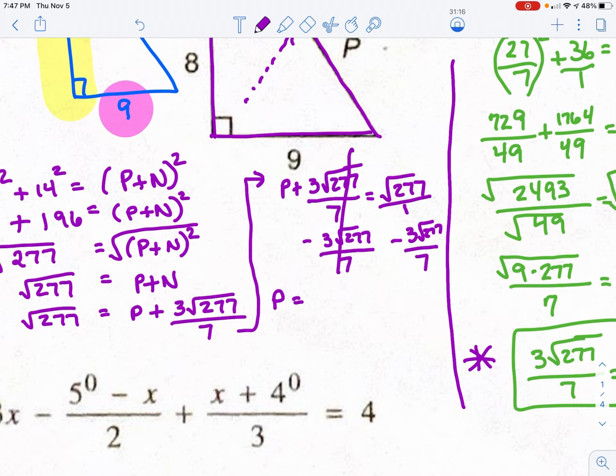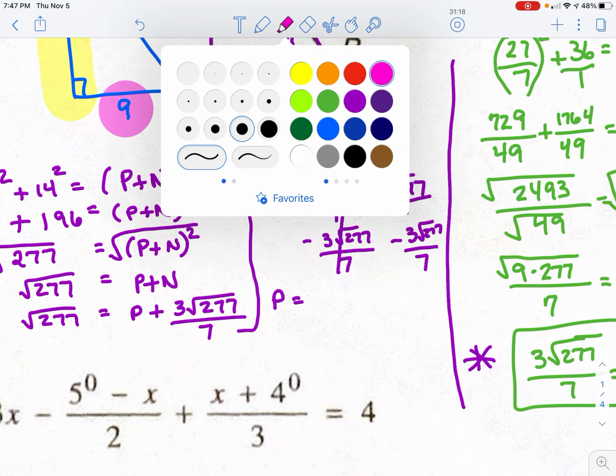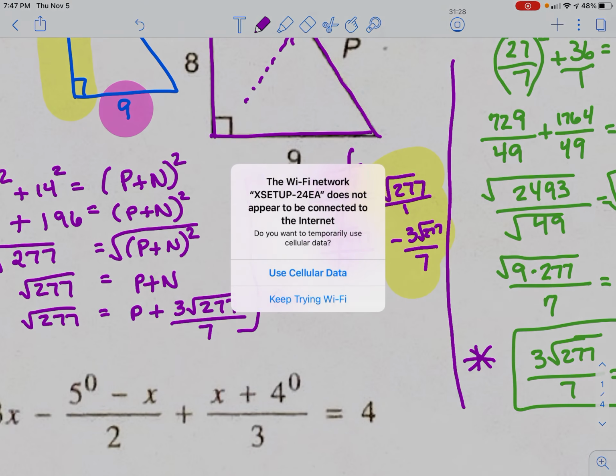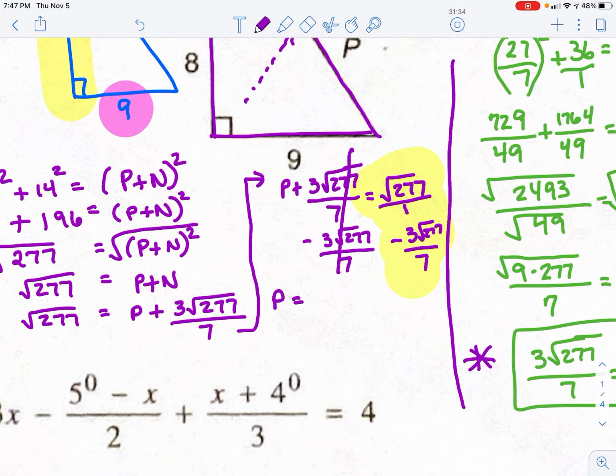Because I need to subtract these two right here. And I don't have the same denominator. So I need to change that top one to give it a denominator of 7. So we're going to rename it as something over 7.